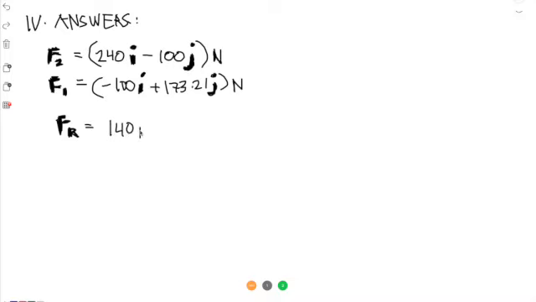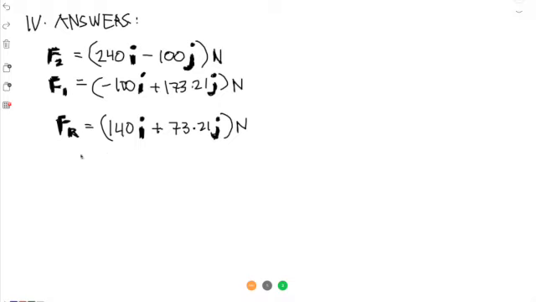Again, it's not really asked in the problem, I just want to show you how to write it when you have your Cartesian vector notation. This is negative 100 plus 173, that would be positive 73.21 j newtons.